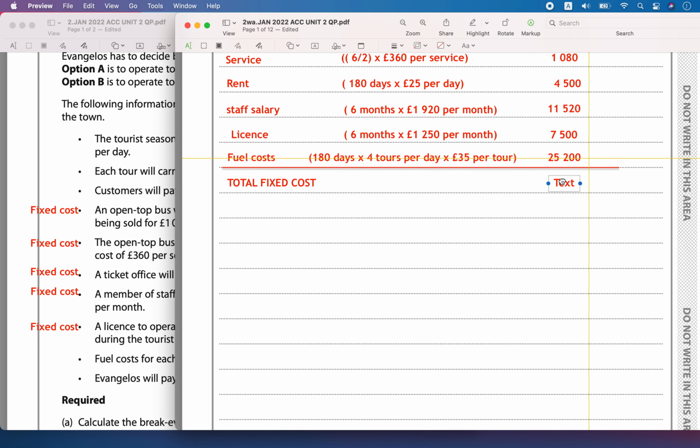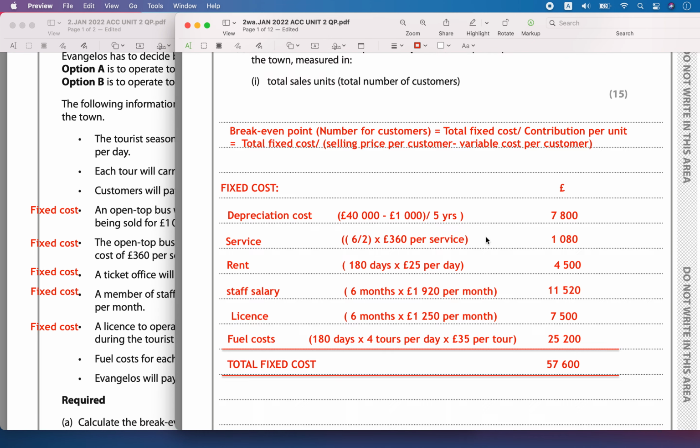So this is going to be your total fixed cost.